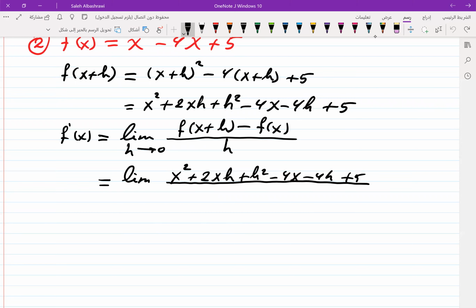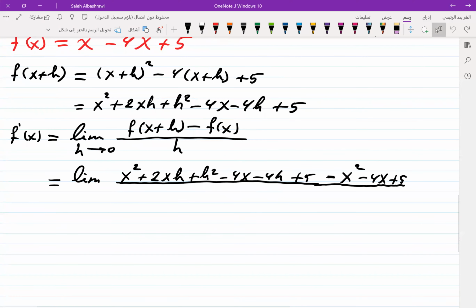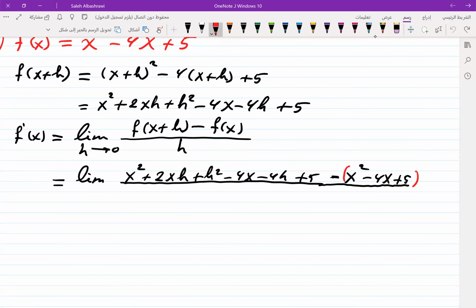This is the first part, which is f of x plus h, minus f of x, which is x squared minus 4x plus 5, and put it in a bracket. So that we need to change the sign, and the coming step will be minus x squared plus 4x minus 5. Okay, the limit over h, where h goes to 0.